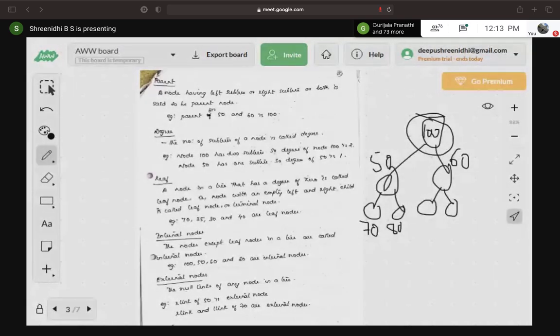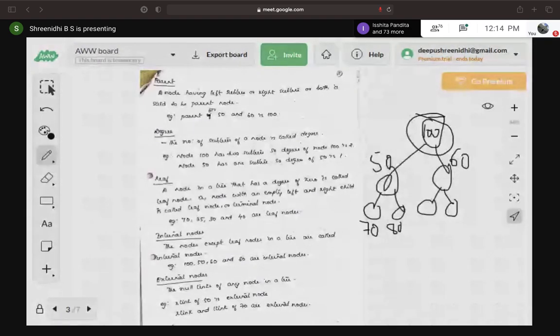So the next concept here is degree. How do we get the degree of a tree? The number of subtrees of a node is called its degree. So node 100 has two subtrees, so the degree of node 100 is 2, whereas node 50 has one subtree, so its degree will be 1.